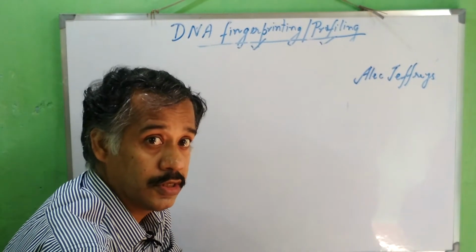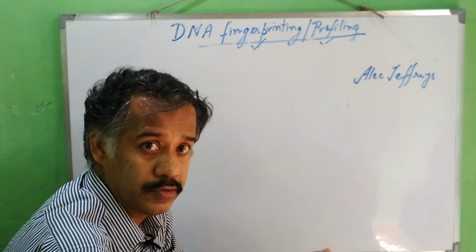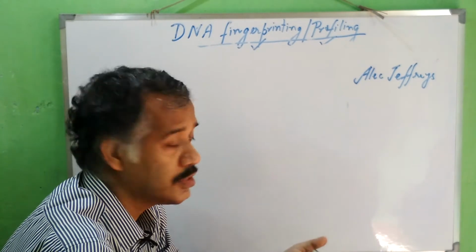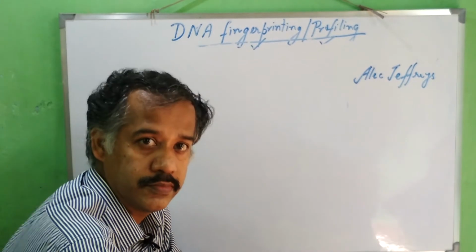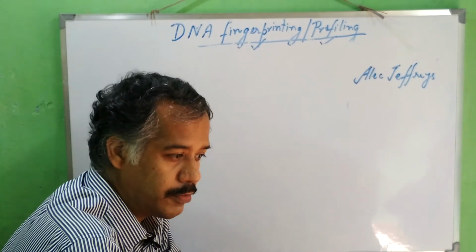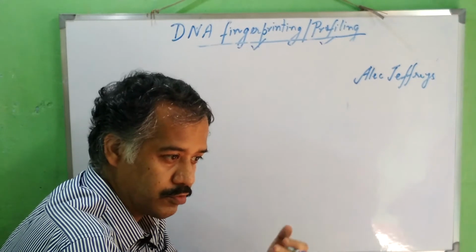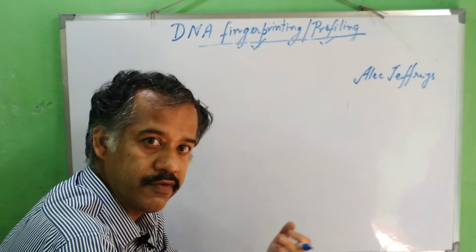So this is almost 40 years ago, and he found out there were repeat sequences which were present in many regions of the genome. And he began investigating more. He started with one and then began investigating more, and he found more and more.